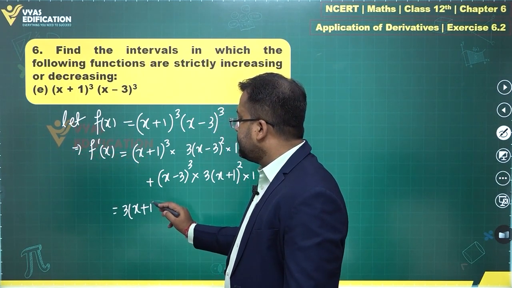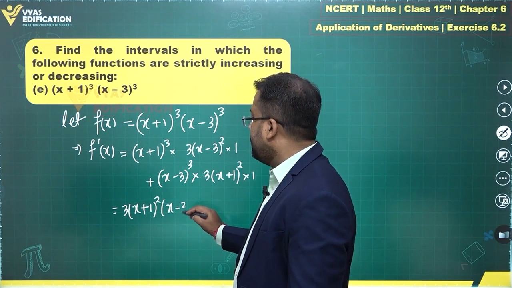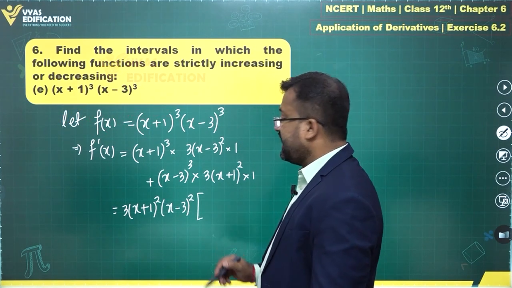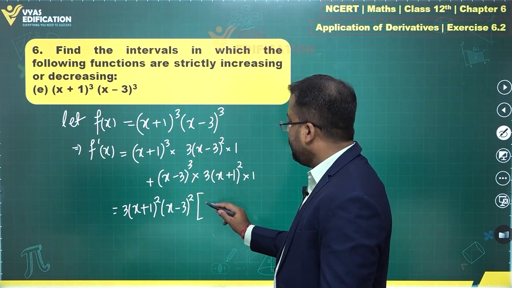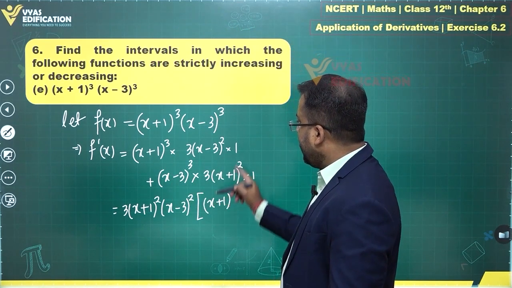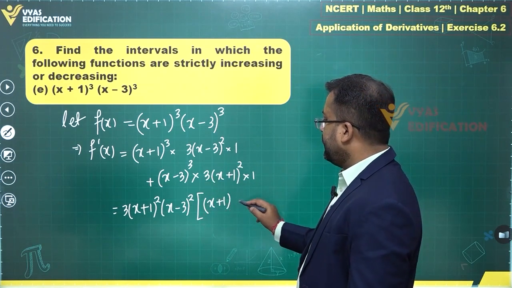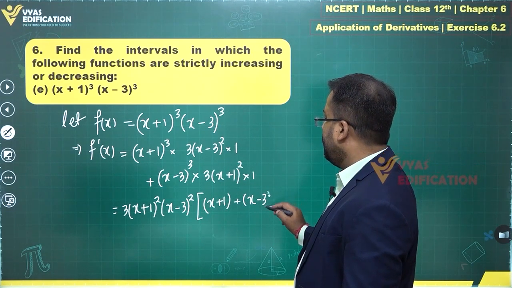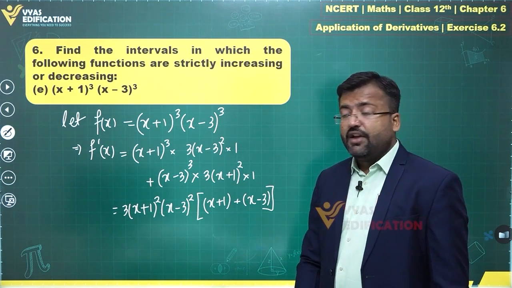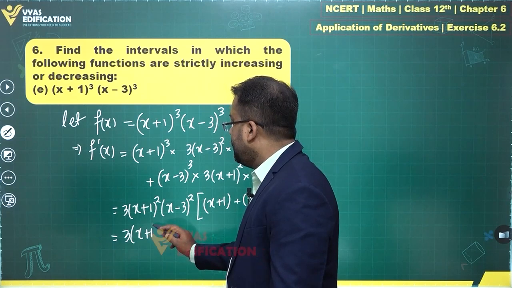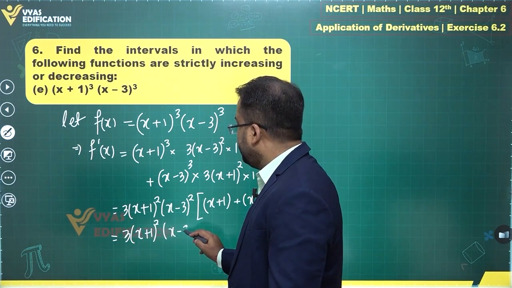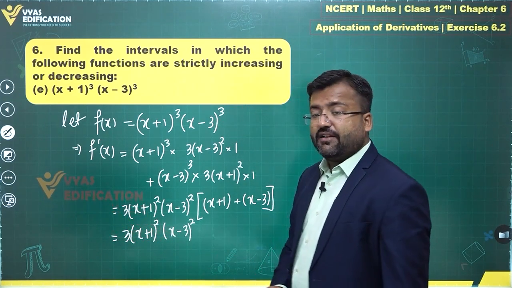What we'll get is (x plus 1) whole square, (x minus 3) whole square, and in the bracket what will remain is x plus 1 over here times 1, and here what will remain is x minus 3. Okay, this is what remains, right? So let's simplify this further. 3 times (x plus 1) whole square, (x minus 3) whole square is what I'm getting, right?